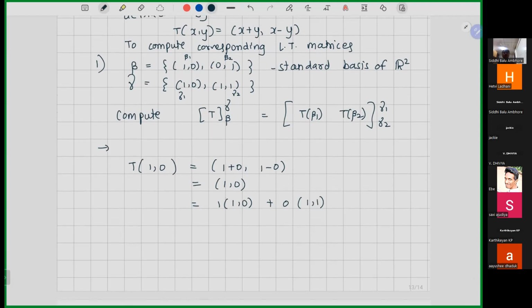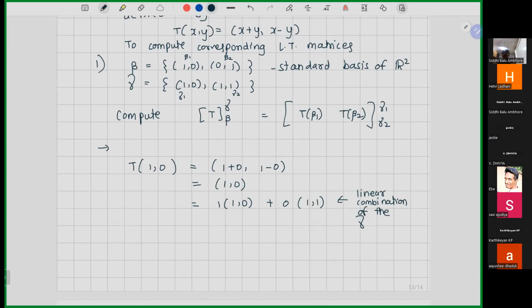Any doubts here, like what I'm doing? This is a linear combination of the gamma.